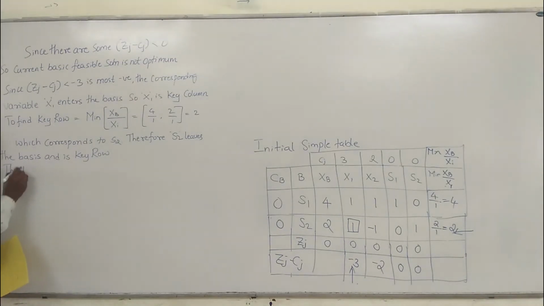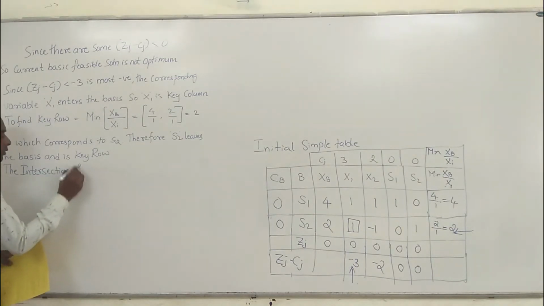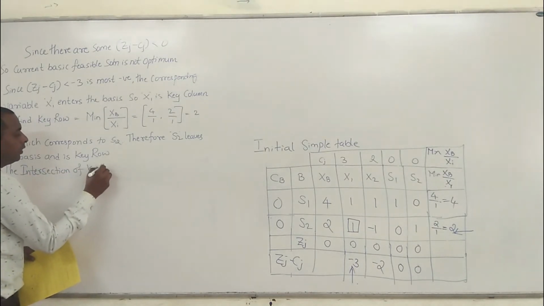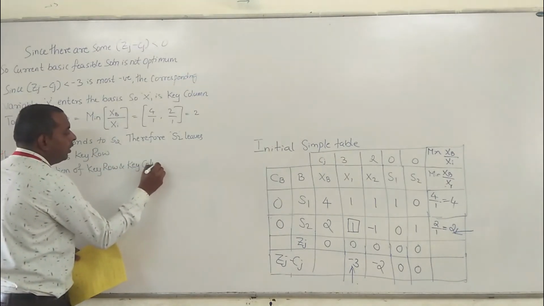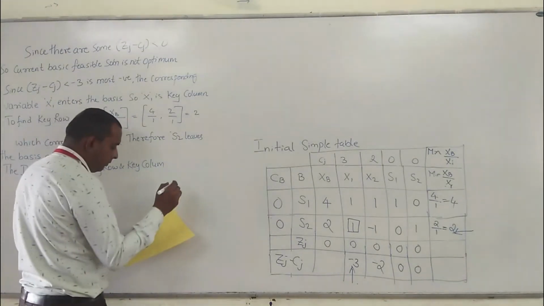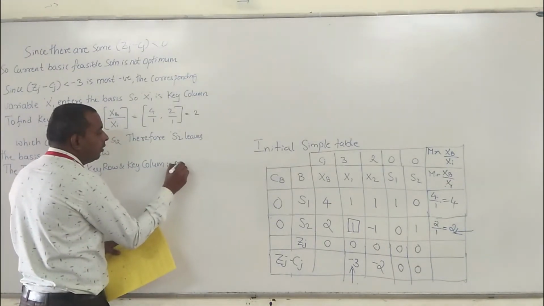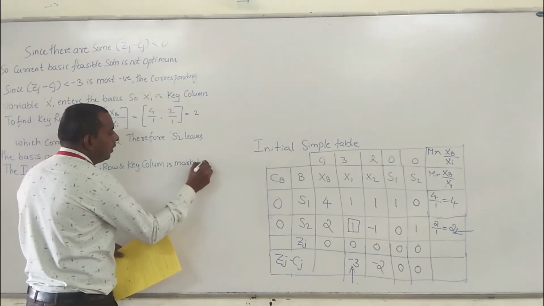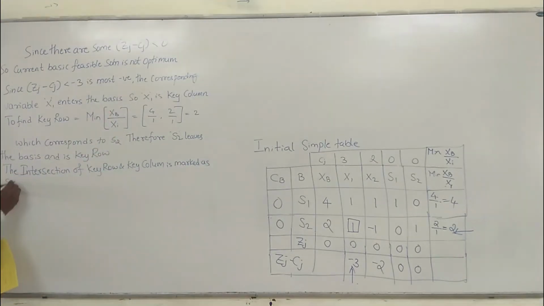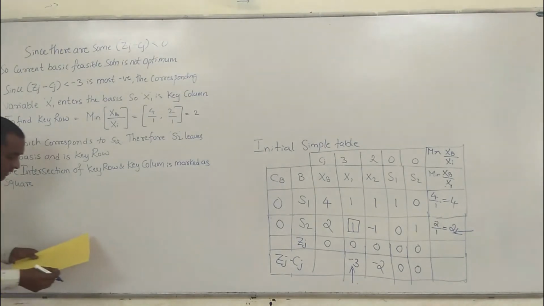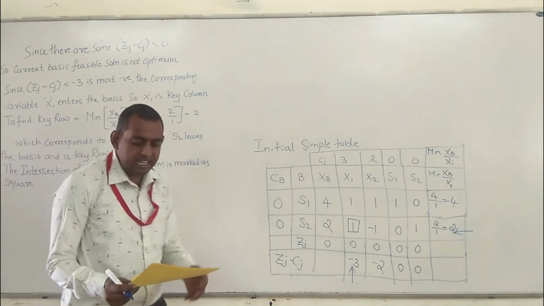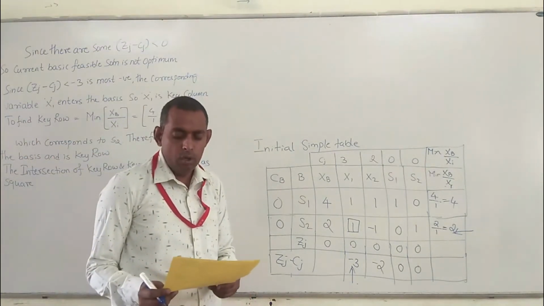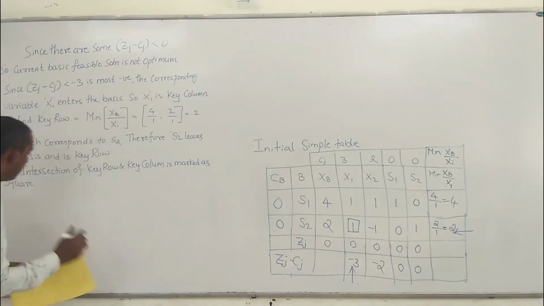The intersection of the key row and key column is marked as a square. Fine. Now convert the leading element to 1. Fine. Let me write.